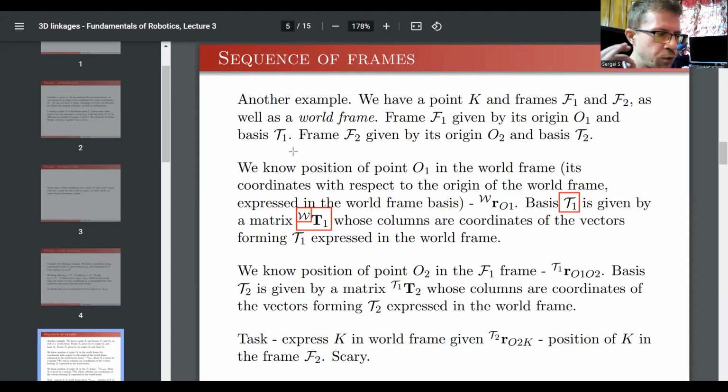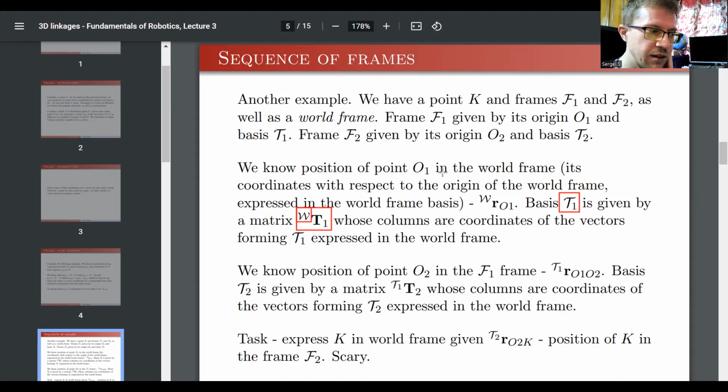So here, let me pause for a second and say something for the first time. We can say that T1 gives us orientation of the first frame relative to the world frame. So we can say it gives us a relative orientation.